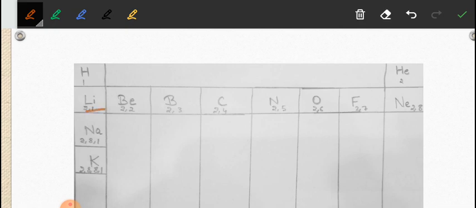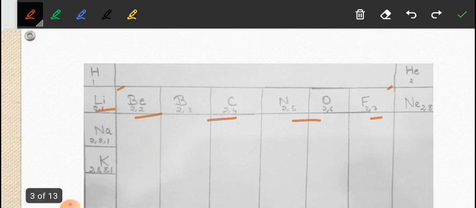So nuclear charge is increasing, meaning the power to attract the electrons is increasing, but the shells remain the same. Only two shells are there from the start to the end. So across the period, because nuclear charge is increasing, fluorine and oxygen will have more nuclear charge, and they can attract the electrons more tightly.